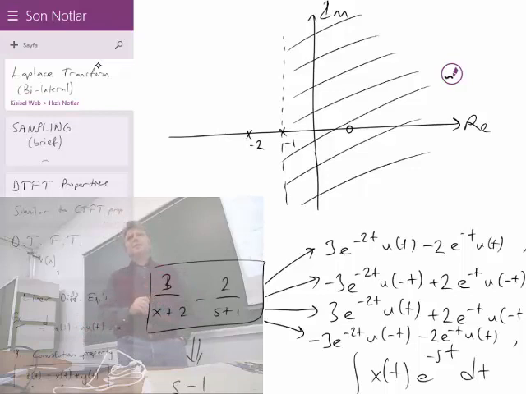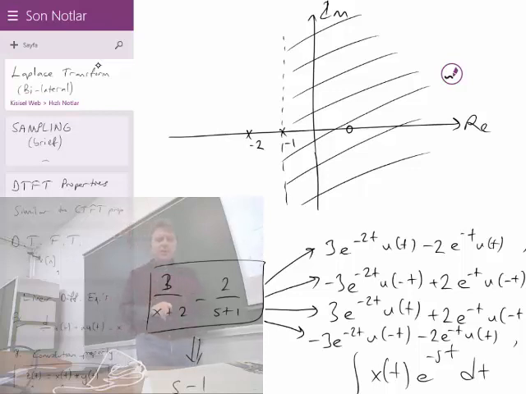For example, if it's a low pass filter, how can we design a nice low pass filter in terms of locating poles and zeros on the S-plane? We are going to see that.